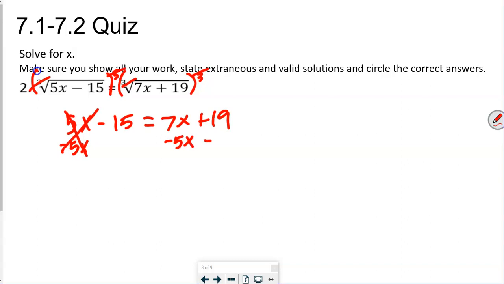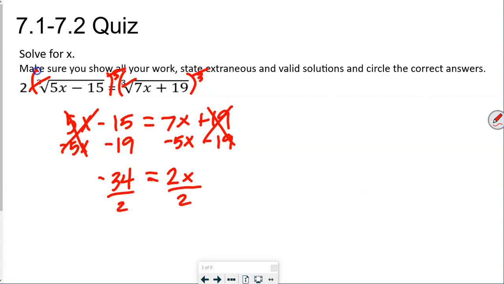And I'm going to subtract the 19 from both sides, so now that's gone from there. That's going to leave us minus 34 is equal to 2x, right? So I'm going to divide both sides by 2. So x is equal to minus 14. I'm sorry, minus 17.